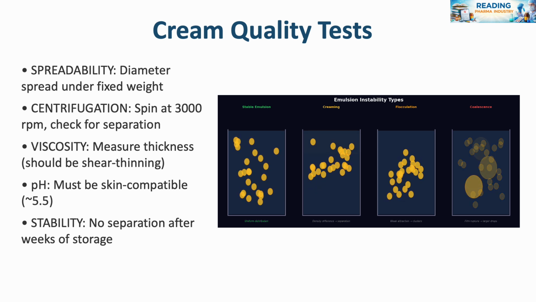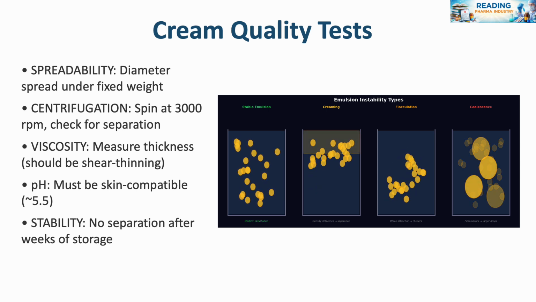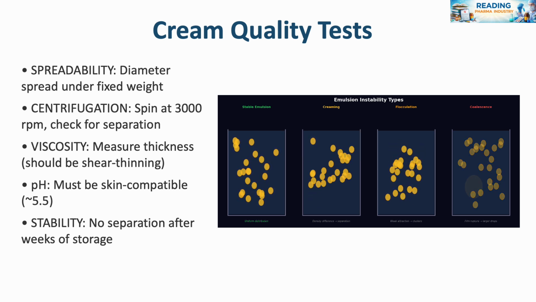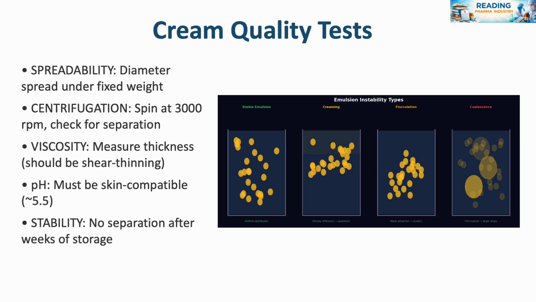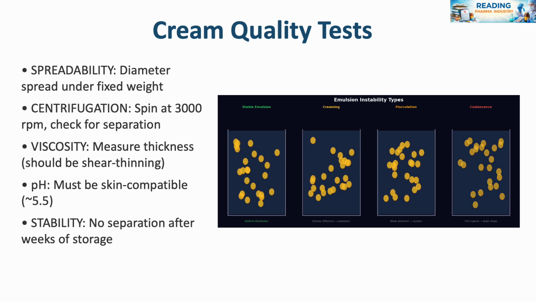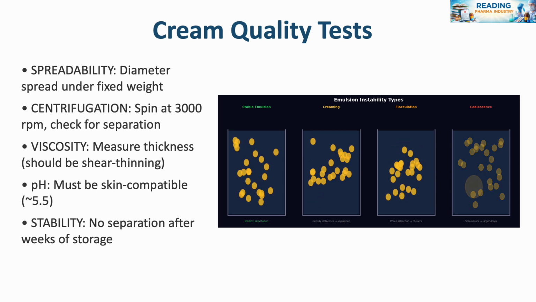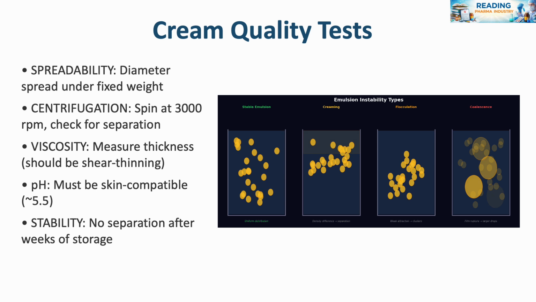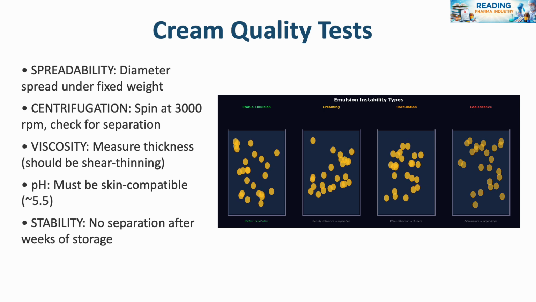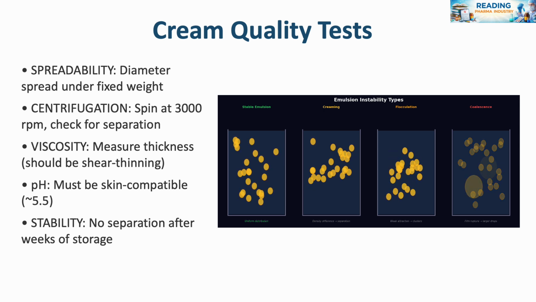Viscosity can also be checked, as we mentioned, and that gives a measure of the thickness of the cream. And like we said, pharmaceutical creams should have a pseudoplastic behavior or shear thinning effect. The pH must be skin compatible, around 5.5, and should remain stable. And finally, stability is essential, so no separation after weeks of storage at fixed conditions.